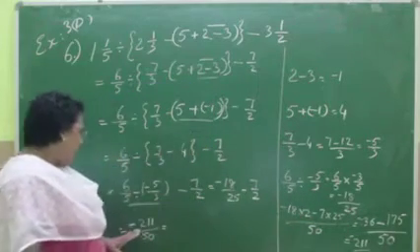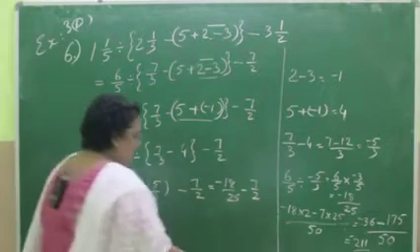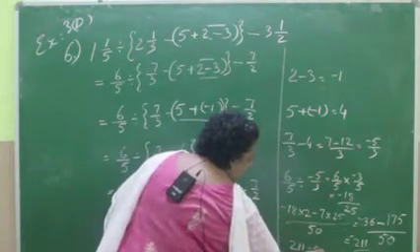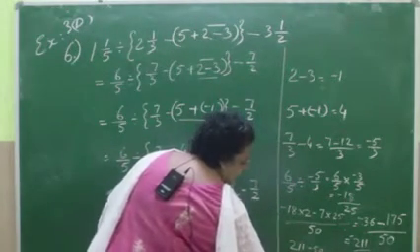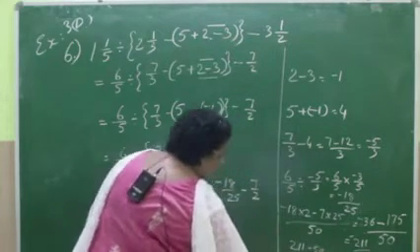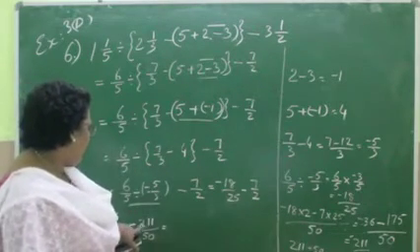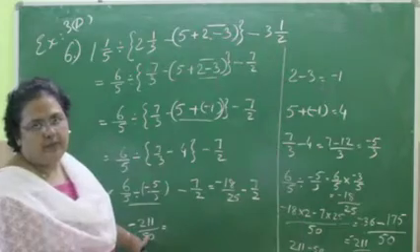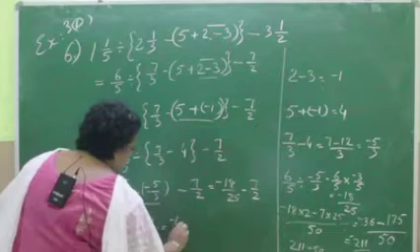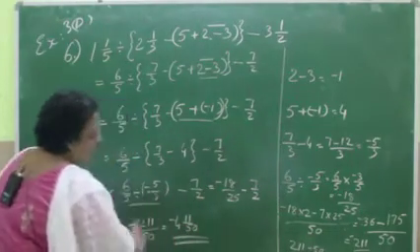So we got negative 211 by 50, which in turn when you divide this 211 divided by 50, what you will get? You will get it as 4 and 11 by 50, that is negative, because it is a negative number, negative 4 11 by 50. Clear? Okay. So the answer here is coming as negative 4 11 by 50. I hope it is clear.